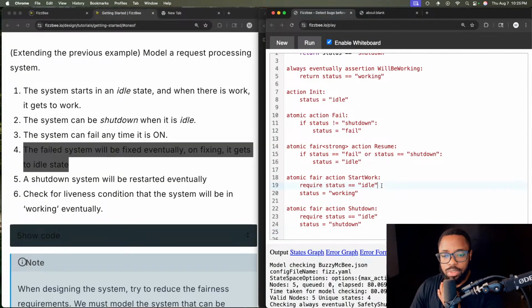Like if the system chooses to get stuck in idle, it will be forced to either go to working or shut down. If it goes to working, but then if it goes to working, it can just get stuck there, right?